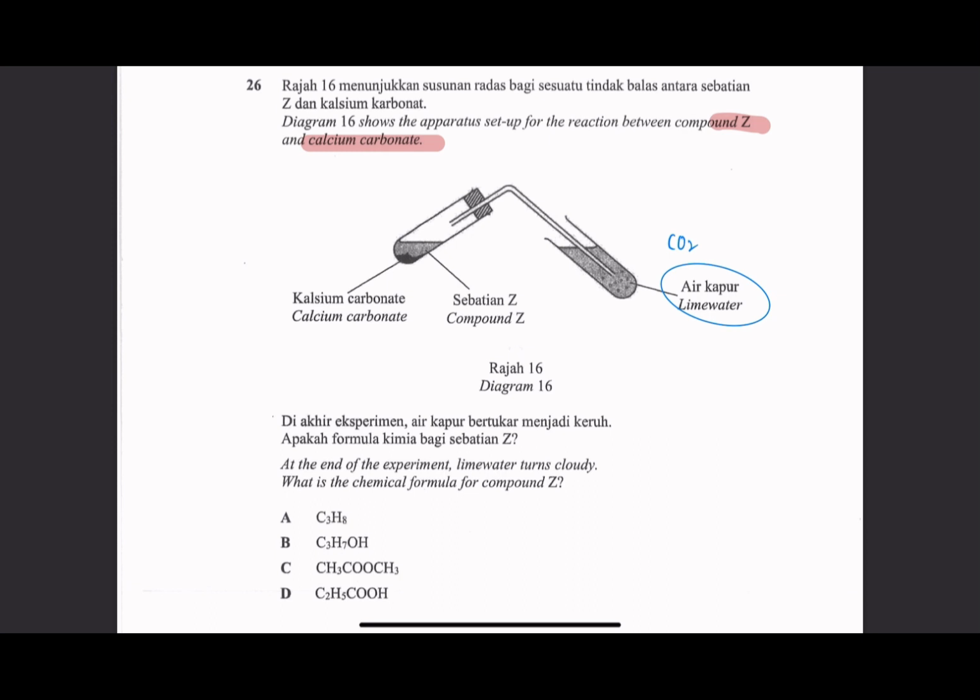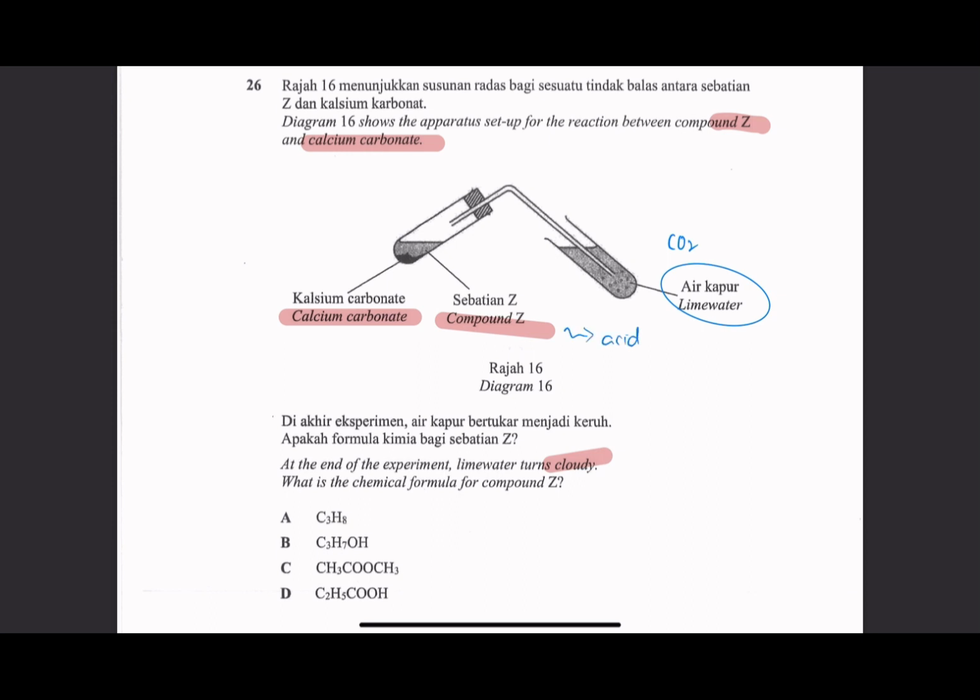At the end of the experiment, the lime water turned cloudy. Carbon dioxide is released. What is the chemical formula for compound Z? Okay, our compound Z, calcium carbonate. Okay, metal carbonate will react with acid and produce carbon dioxide. So Z will be our acid.